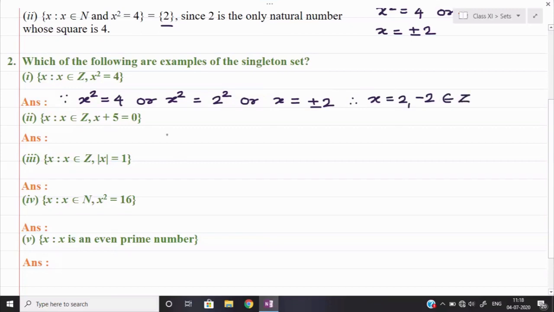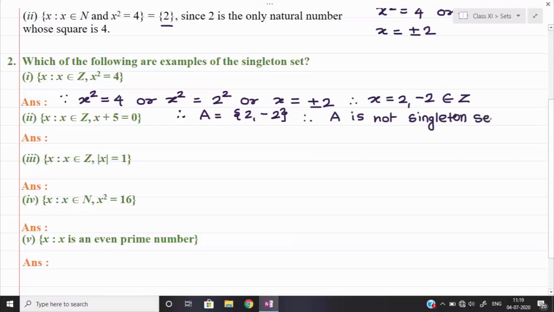So we can say that this set, if I give it the name A, contains two elements, 2 comma minus 2, and since it contains more than one element, we can say that A is not a singleton set.